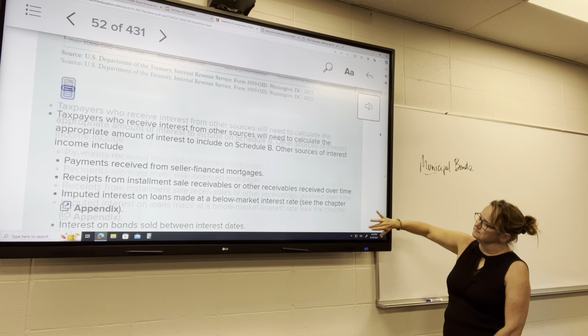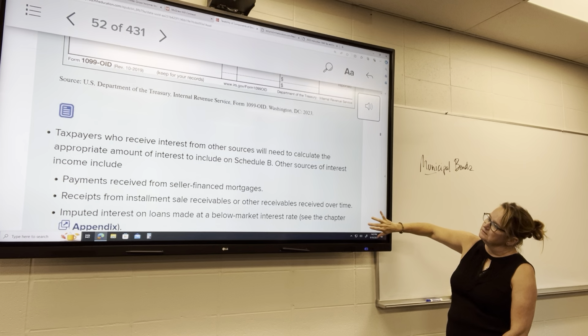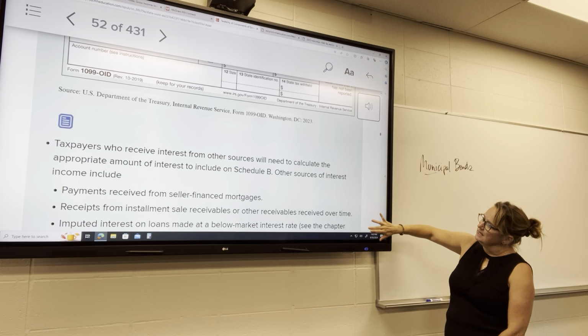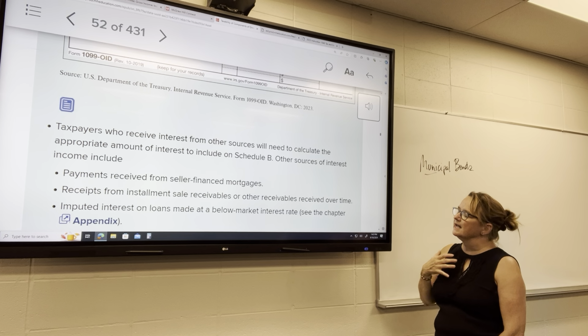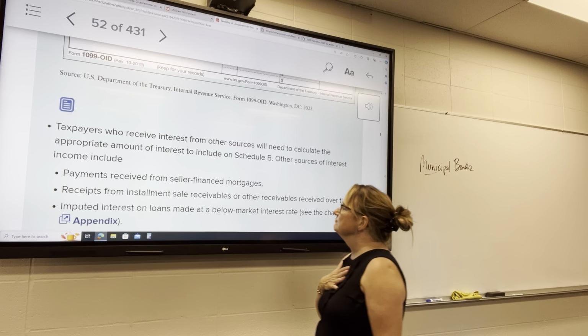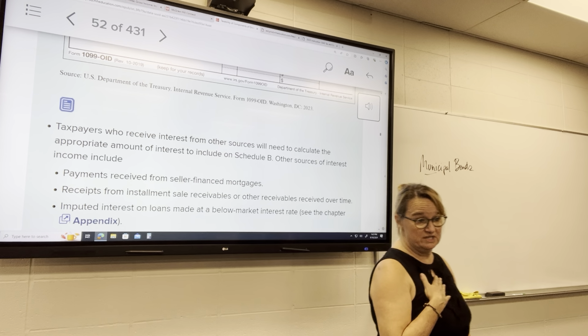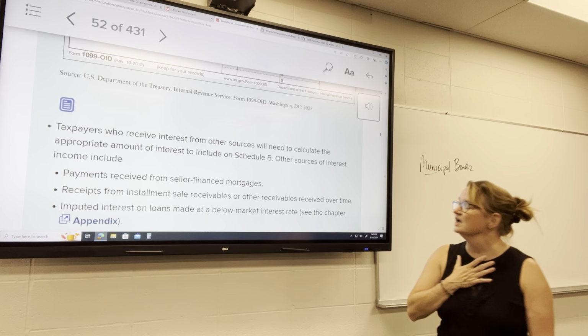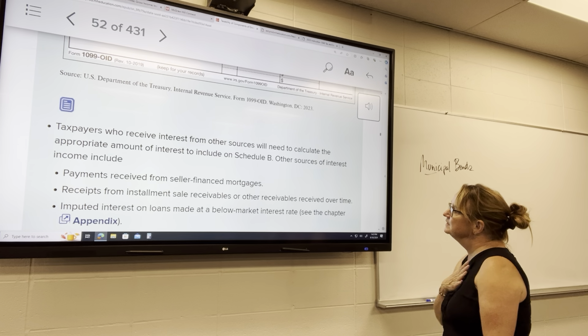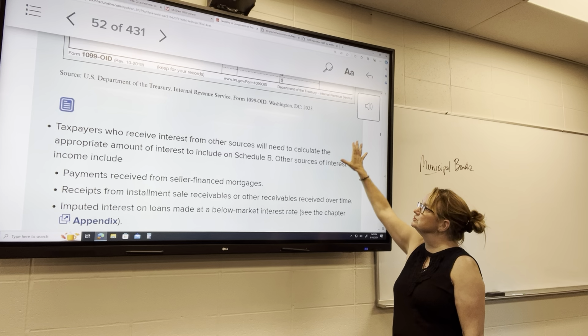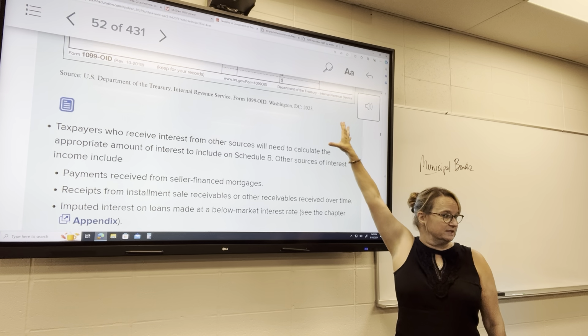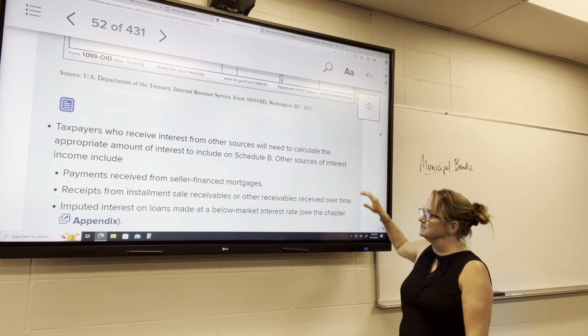If you receive interest from a source where you didn't receive a 1099, like that private mortgage example, then you list it separately yourself as interest income.